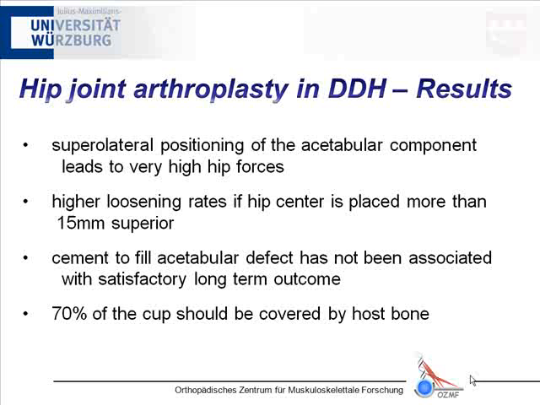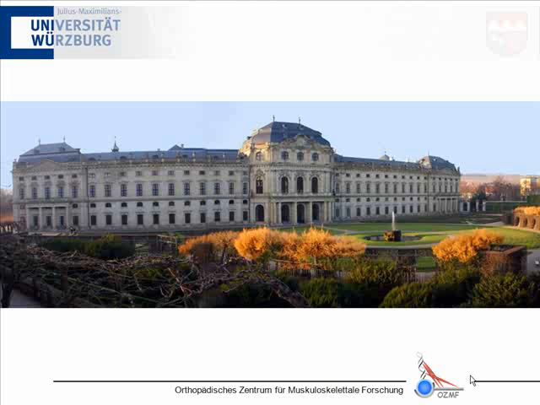Cement to fill acetabular defects has not been associated with a satisfactory long-term outcome, and 70% of the cup should be covered by host bone. So that's also important, because you could do some of the cases also without either a bone block or without an oval-shaped cup, certainly.